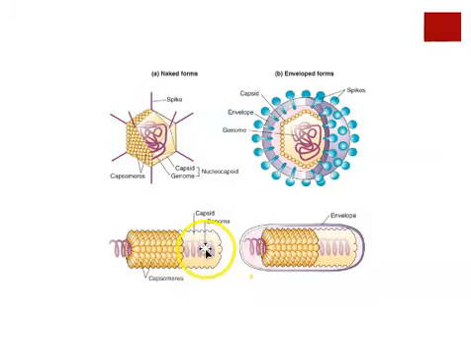It has genetic material in the middle, surrounded by a protein capsid. Almost looks like corn on the cob in this drawing. And over here, an enveloped form of this virus, which has, again, genetic material in purple, a protein capsid, or at least part of a protein capsid in yellow, and then a membrane envelope surrounding that.